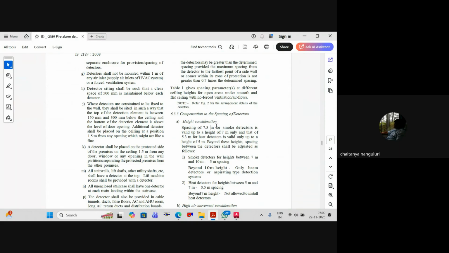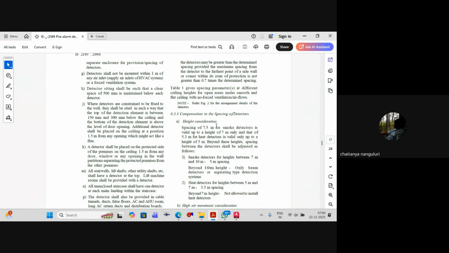Not exactly. Basically, what it says is that the maximum gap between detectors is 7.5 meters. In the previous case that I explained, 7.5 meters is a radius, which is as per NFPA, because this particular part is not there in NFPA. Only in NFPA, the distance between any part of a ceiling to the detector is clearly mentioned, which is valid anyway. Understood?